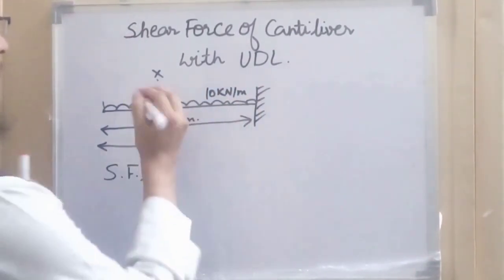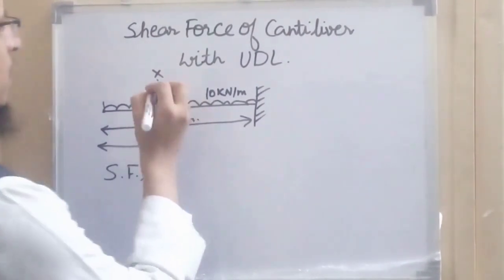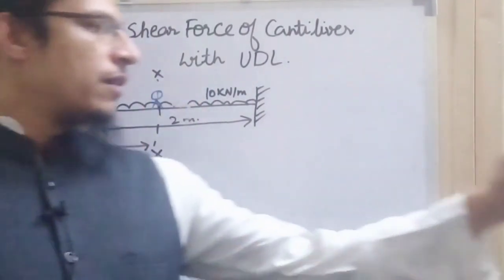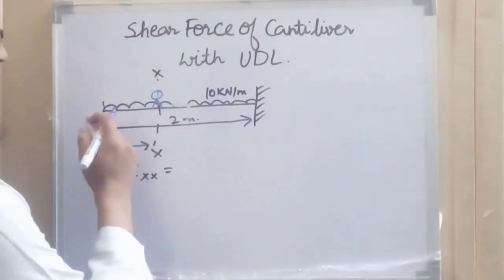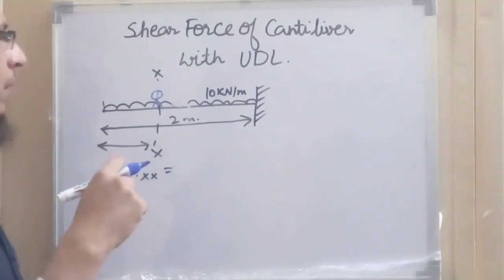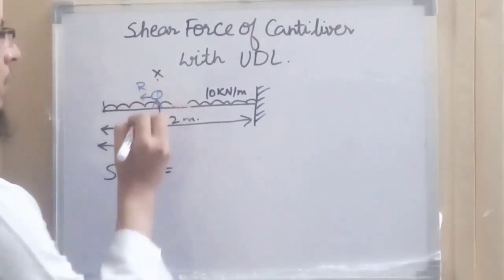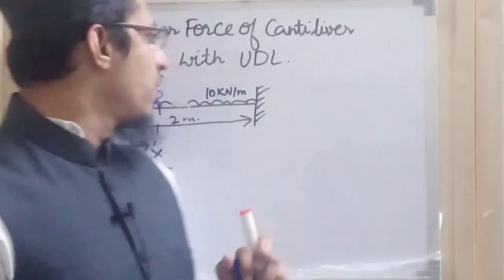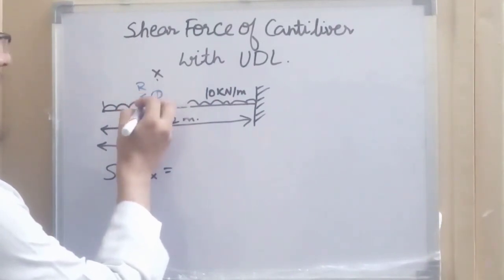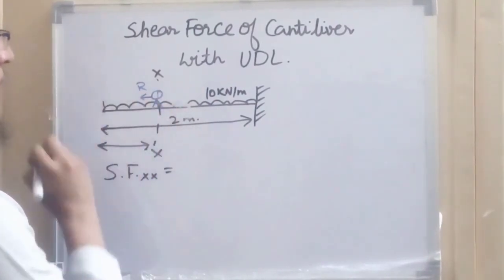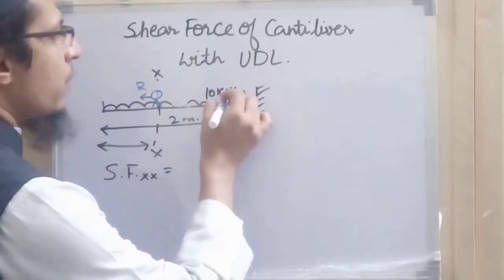Suppose a person is standing at this section XX. When he stretches his hand and sees towards his right, he will see this UDL acting on it, that is, the load in kilonewton per meter.